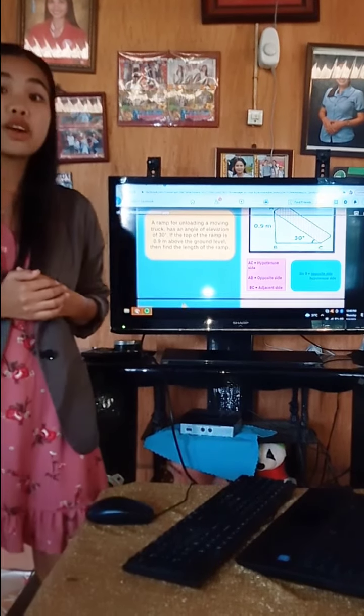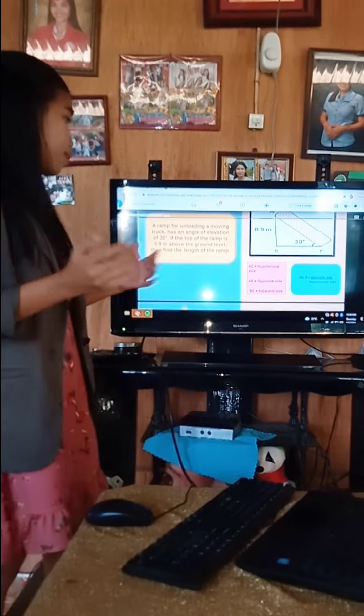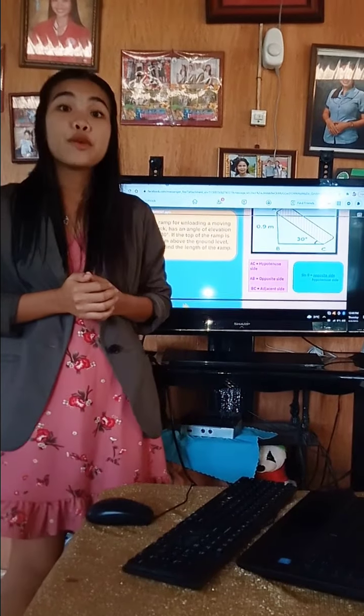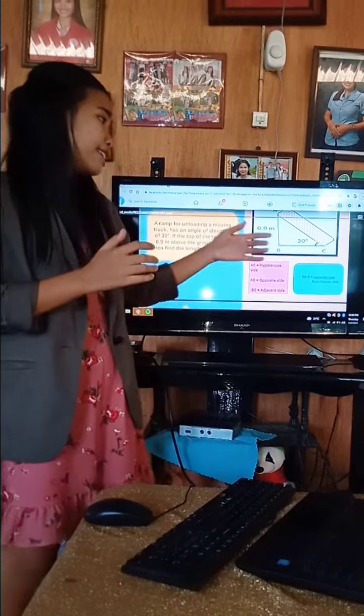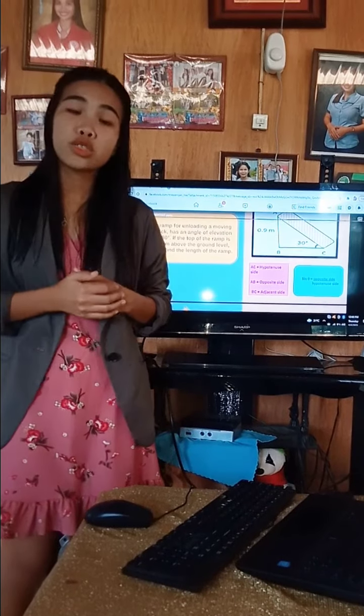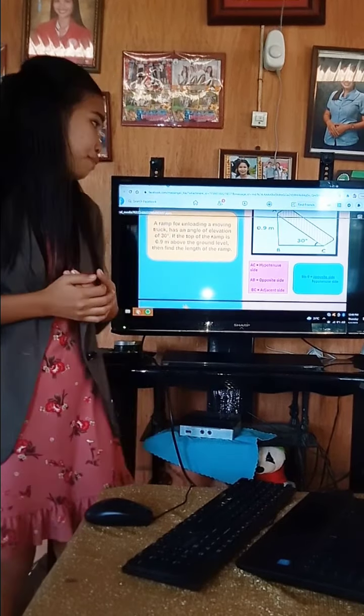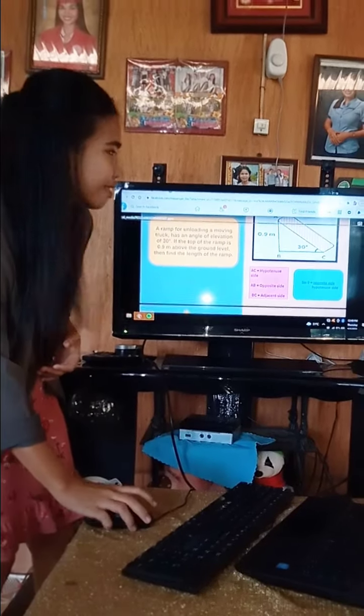Since we are going to find the length of the ramp, the formula we are going to use is sine theta equals opposite over the hypotenuse side.